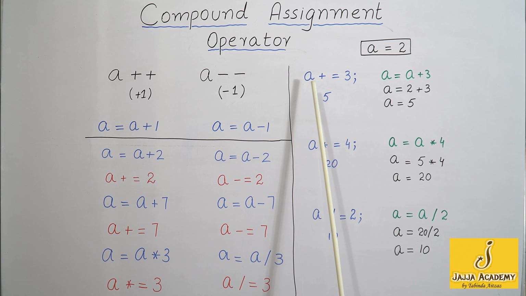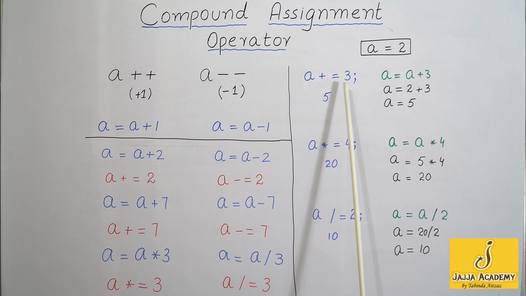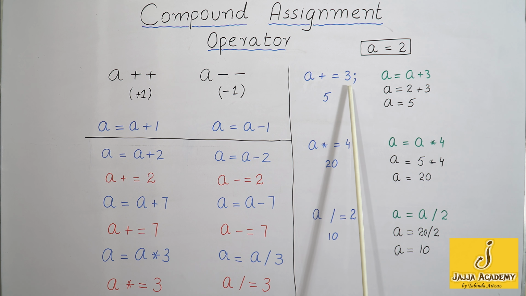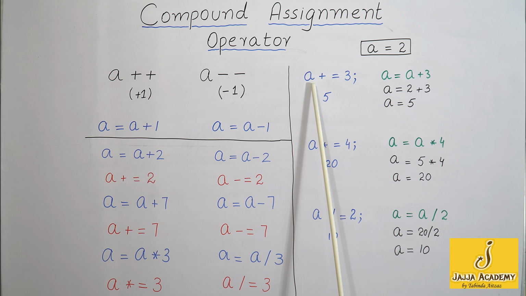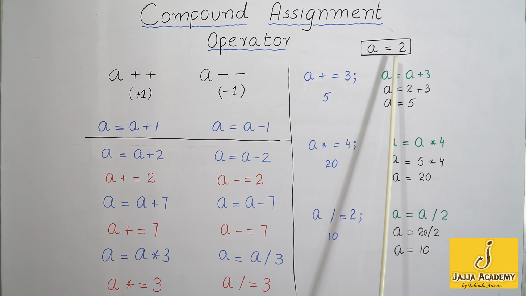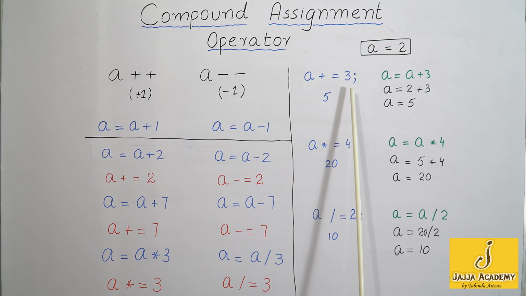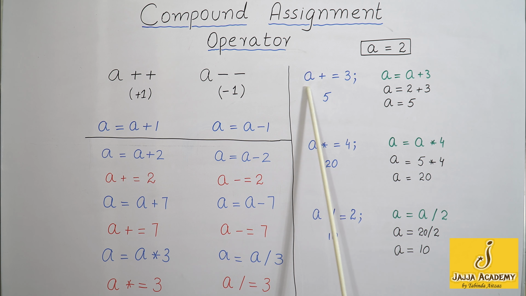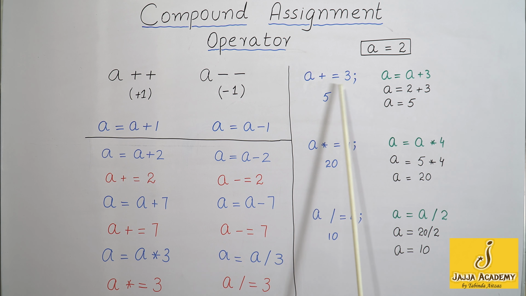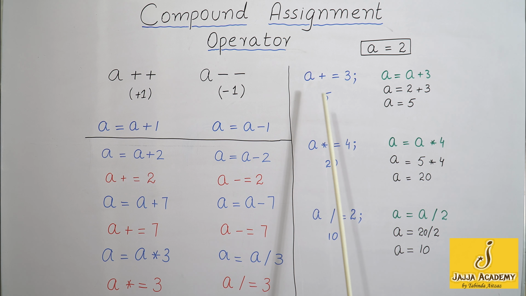If I write A plus is equal to 3, then 3 will be added to the value of variable A. The value of variable A is 2, so 2 will be added to 3 and it will be equal to 5. This statement will change the value of A to 5.